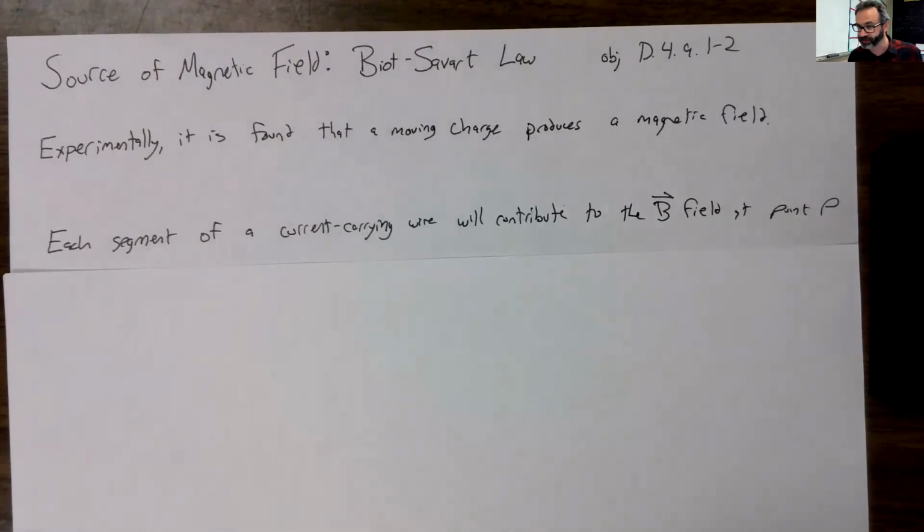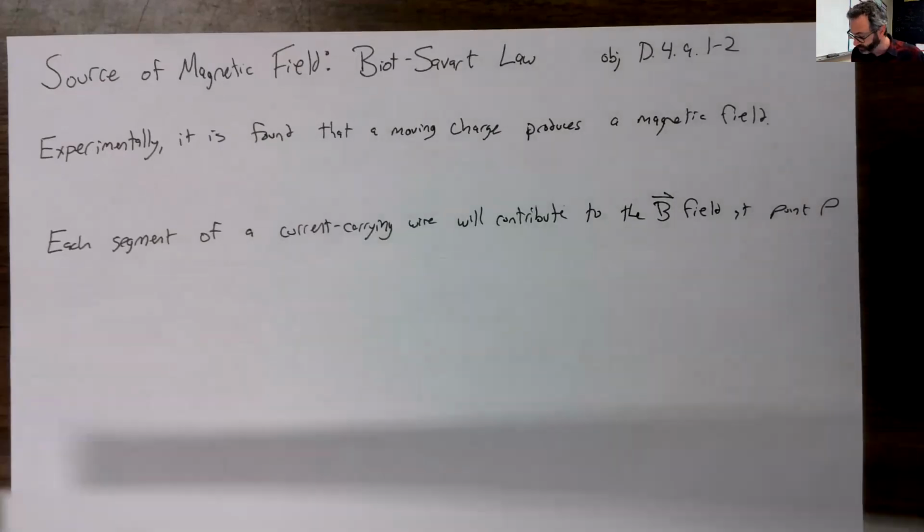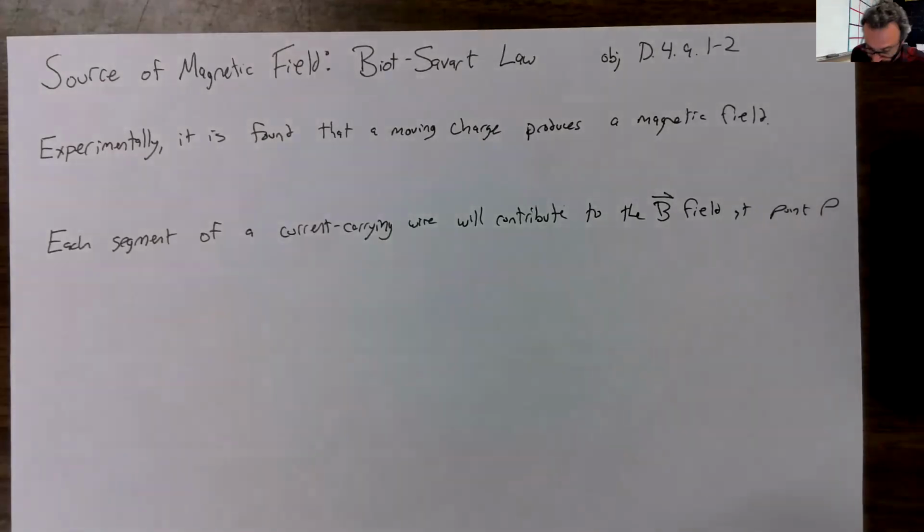It's much easier when it's a straight wire or a symmetric shape like a coil, like a solenoid. But no matter the shape of the wire that's carrying your moving charges, each segment of it is going to contribute to the magnetic field at any given point P, right? Really at every point, but we're going to focus on one point.